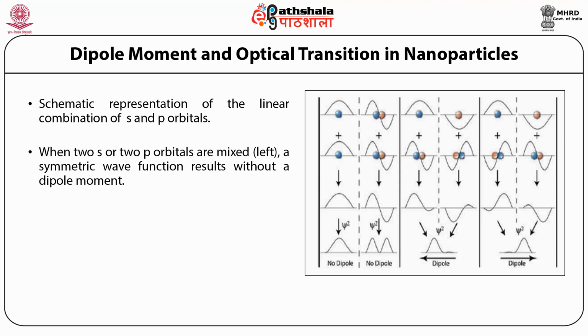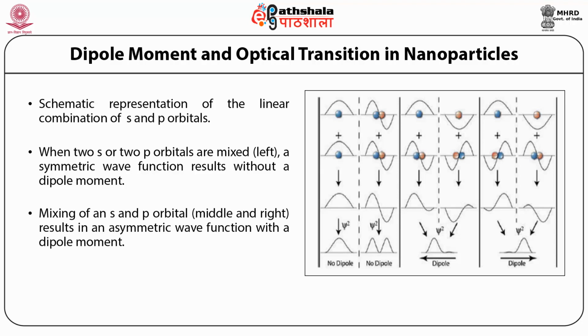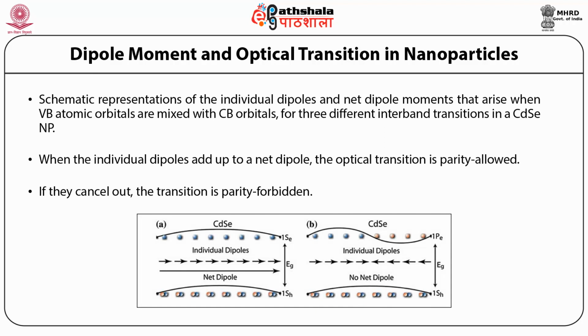So here, when two s or two p orbitals are mixed, a symmetric wave function results without a dipole moment, and the mixing of the s and the p orbital gives a dipole moment. In the case of a cadmium selenide nanoparticle, this involves a transition from the MO formed by the linear combination of selenium 4p orbitals to the MO formed by the linear combination of cadmium 5s orbitals.